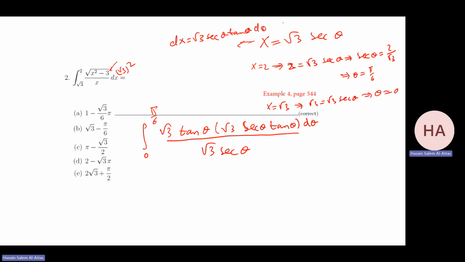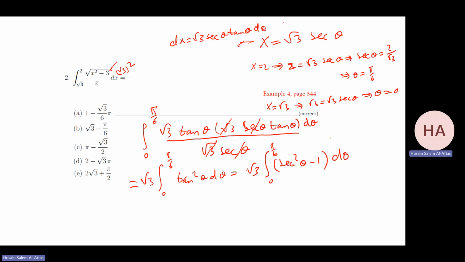This cancelled, so I have square root of 3 outside, 0 to pi over 6 of, secant cancelled, tan square. I will change this into secant square theta minus 1 d theta. And that will give me tan theta minus theta from 0 to pi over 6.